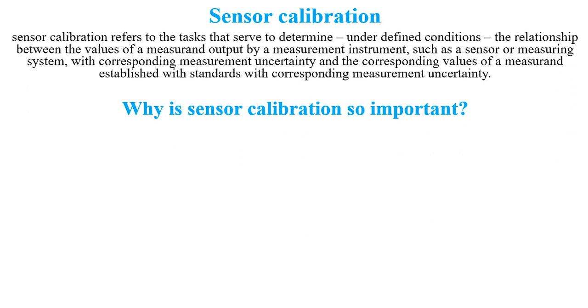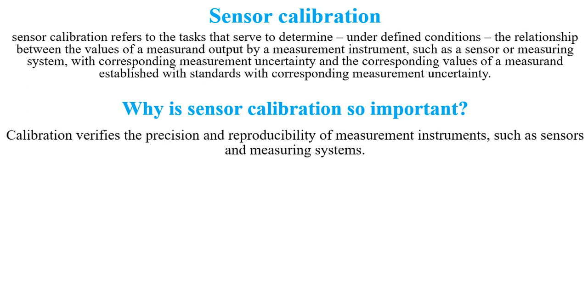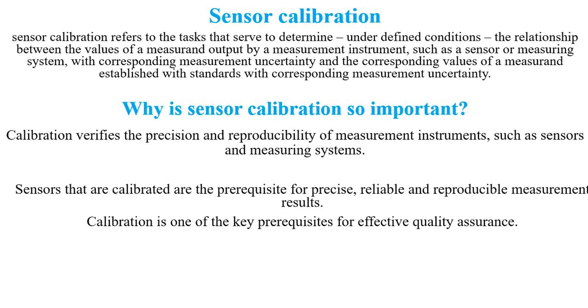Now, why is sensor calibration so important? It is important because you can verify the precision and reproducibility of measurement instruments, such as sensors and measuring systems. Sensors that are calibrated are the prerequisite for preciseness, reliability, and reproducibility of the measurement results.